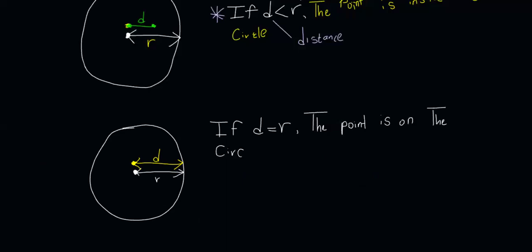So if you can prove that the distance, because I told you D represents distance, is equal to the radius, then it means you are on the right track. If D is equal to the radius, then the point is on the circumference of the circle. So they're going to tell me to prove that the point is on the circumference of the circle.